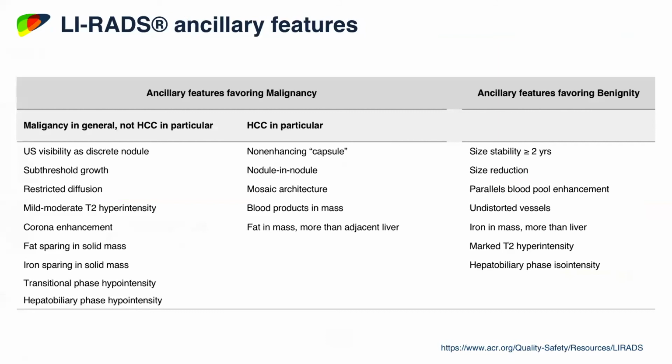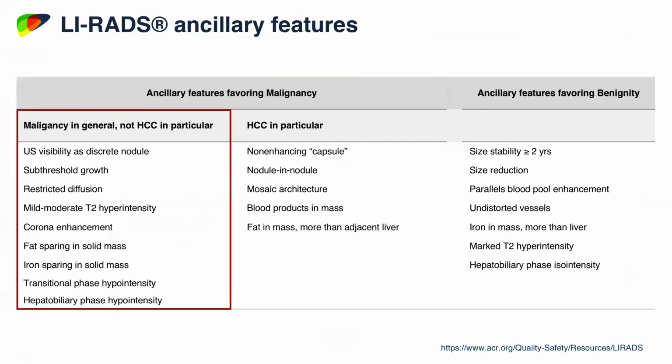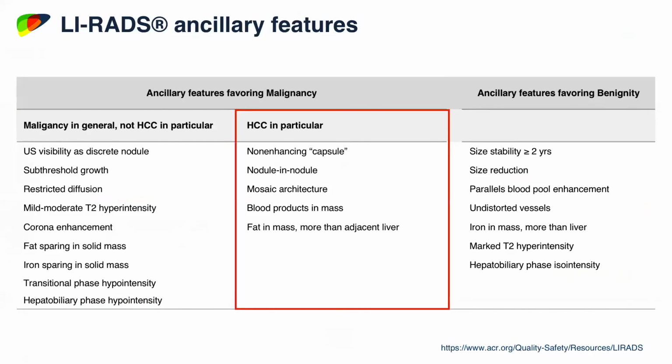So here is a list of the ancillary features favoring malignancy, and these can be divided into those that favor malignancy in general, for example growth or restricted diffusion, as well as features that favor HCC in particular, such as nodule in nodule or mosaic architecture.